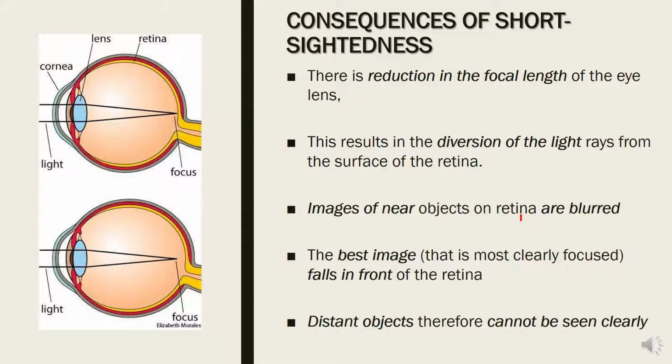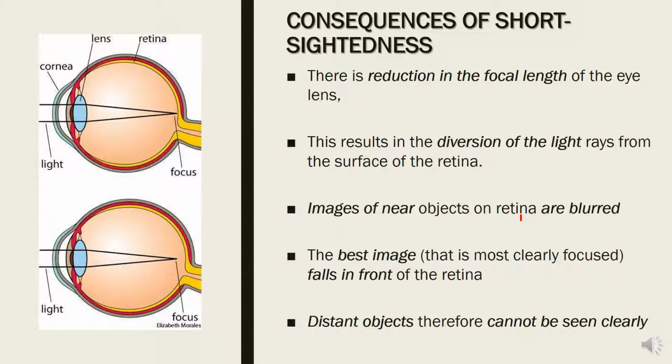A clear image is formed. However, when you have those three existing conditions, which is the diagram at the bottom, your light rays come in, they go past the cornea, which could be too bulged, and it will affect the lens.